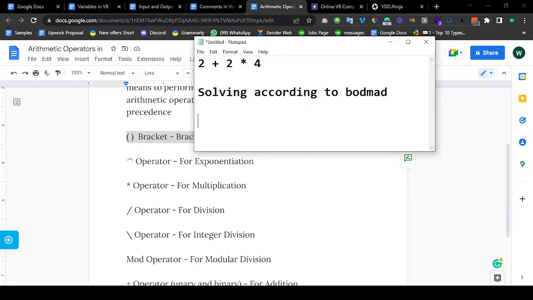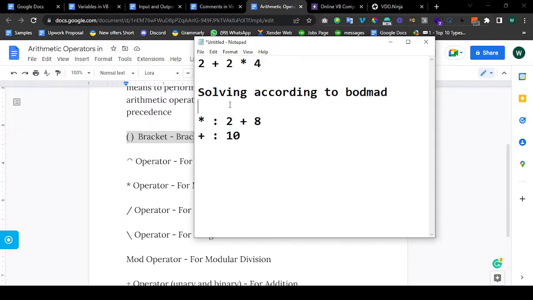So it is going to be solving the multiplication operator first. You're going to be left with 2 plus, then 2 times 4 is what? 8. So solving the plus sign, then you have 10 according to normal board mass.